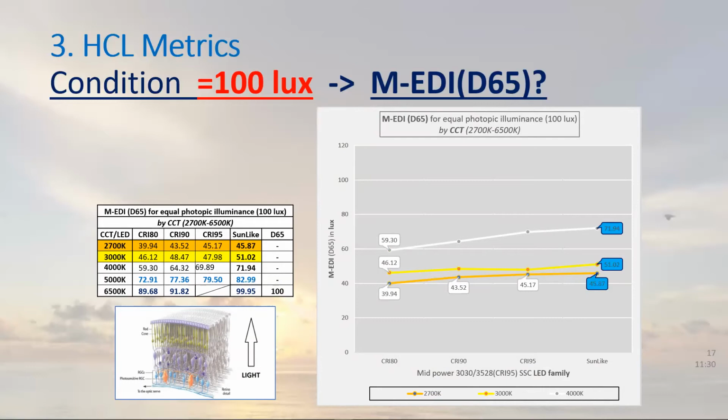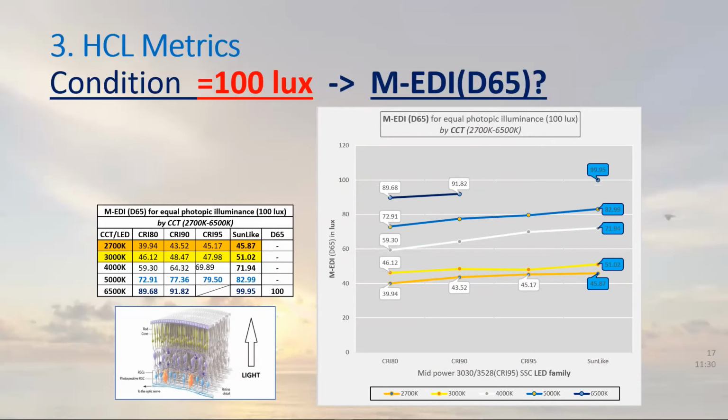We see an increase of around, or even more than, 20%, going from 59.30 to 71.94. 5,000, same, and in 6,500, we see that with a CRI 90 LED, we are around 90 melanopic lux, and in full spectrum, we are almost the same. We have 100 photopic and 100 melanopic.